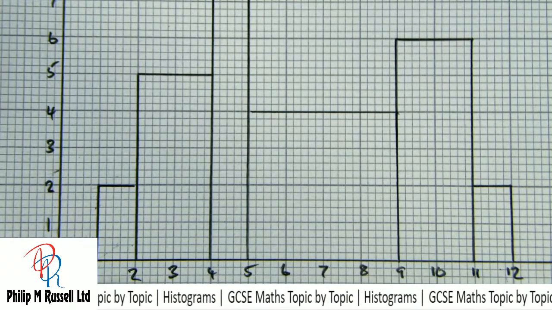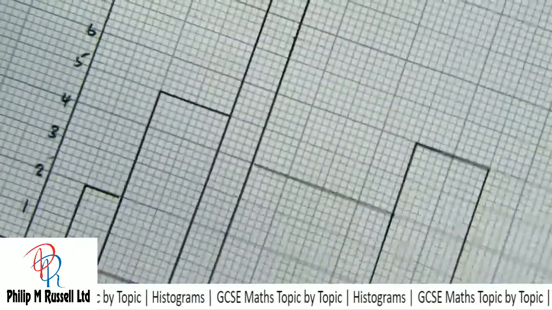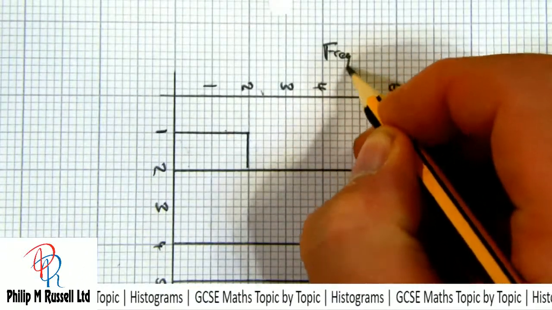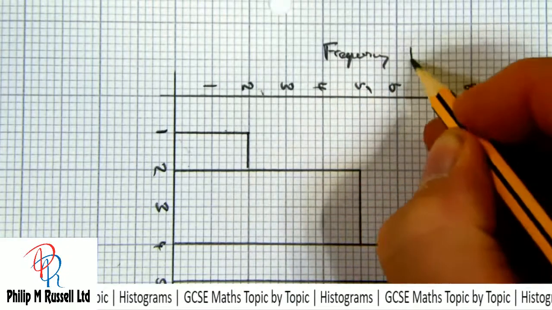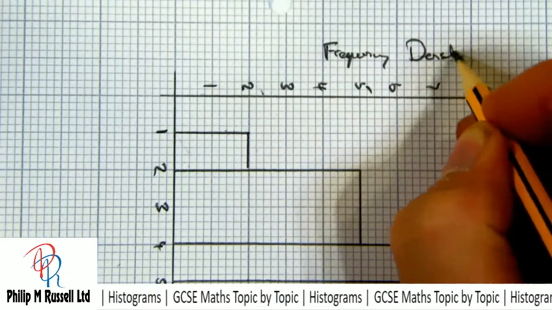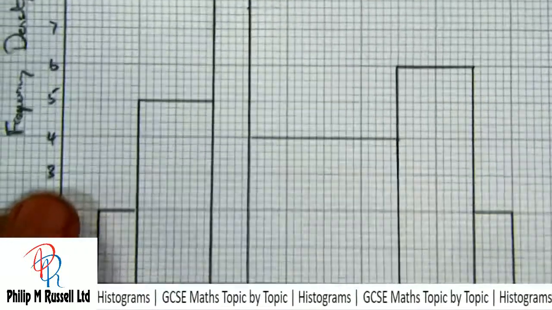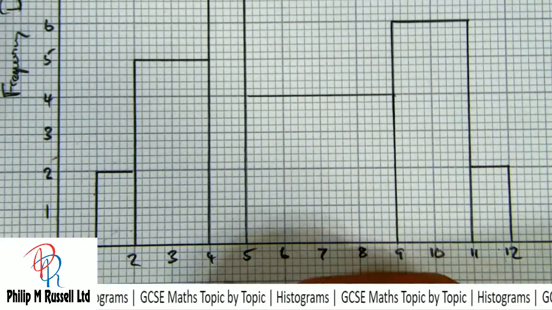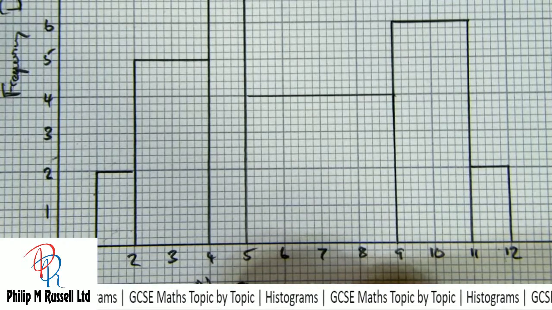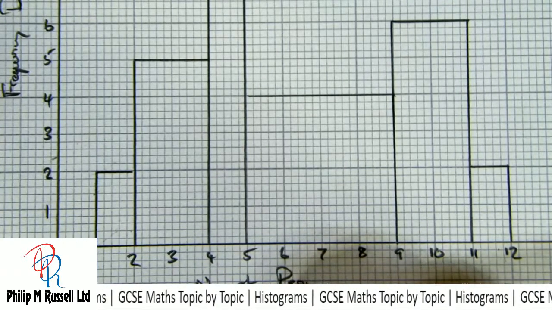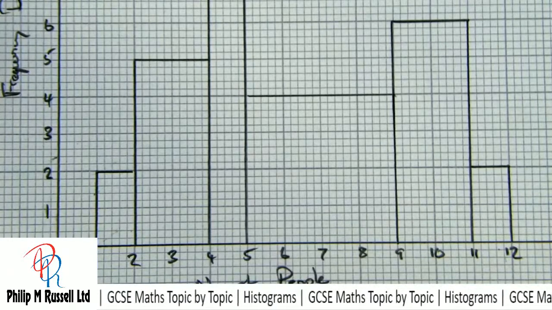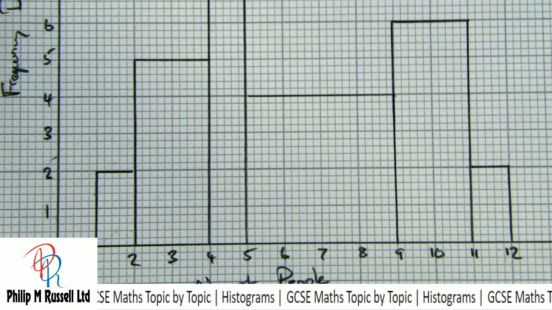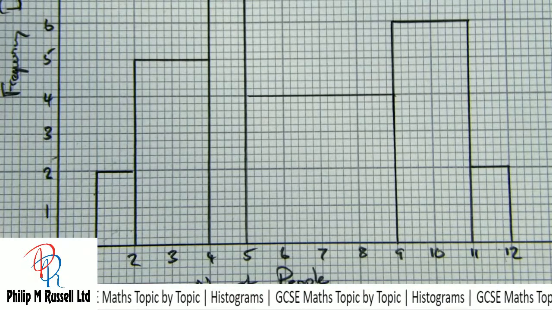So this is going to be again our frequency density, and this is going to be perhaps number of people.